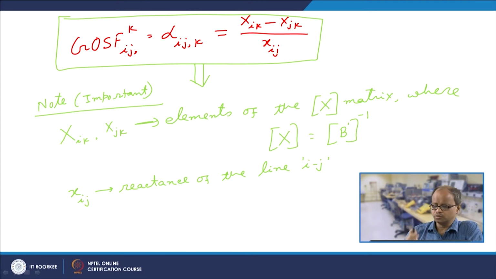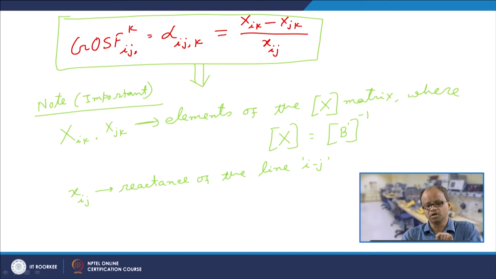We further note that this B dash matrix is actually formed by the knowledge of the line parameters. We have already seen it when we discussed FDLF. So, this capital X matrix is ultimately formed by the knowledge of the line parameters, and small x ij is obviously a line parameter.